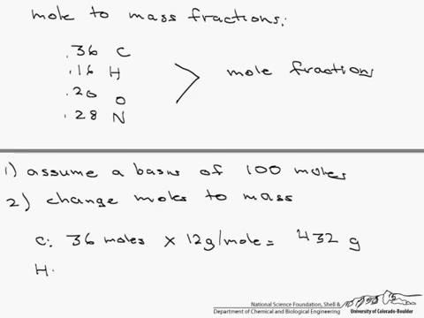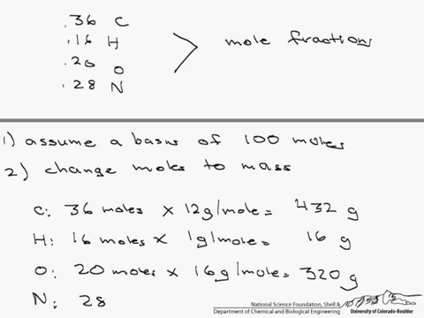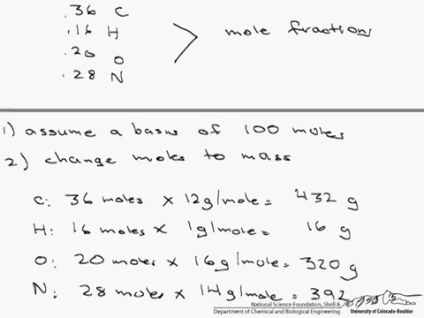We do that with hydrogen, 16 moles times 1 gram per mole, which gives us 16 grams. Oxygen, 20 moles times 16 grams per mole, which gives us 320 grams. And finally, nitrogen, which is 28 moles, we multiply that by 14 grams per mole, and we get 392 grams.